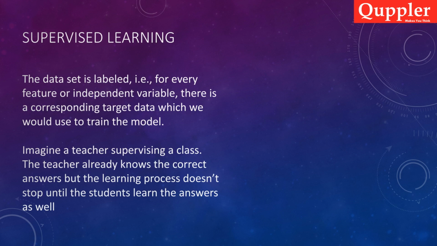The teacher knows the entire syllabus and has entire subject knowledge, and this learning process continues until the student learns everything from them. The teacher teaches until the student understands the particular concept or subject.